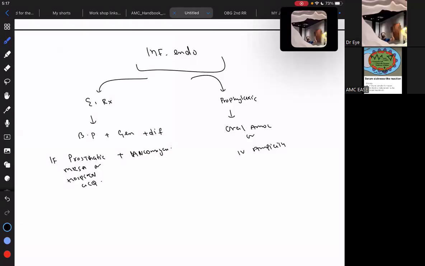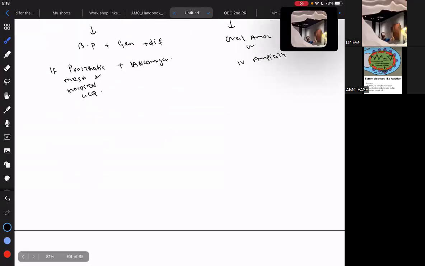Then what else we need to remember? I think I need to discuss the management part of brucellosis. That's again very important. Remember that brucellosis management part. I'm only discussing the management.